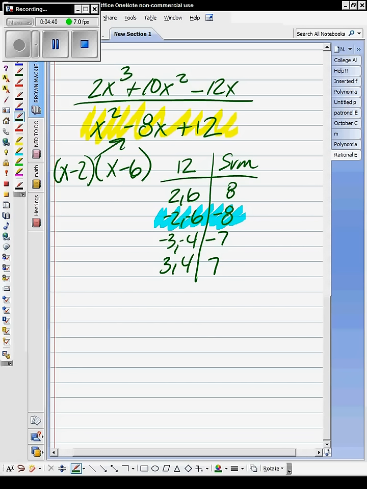Since we're still finding the values which make the expression undefined, I need to set these equal to 0. So x minus 2 equals 0, and x minus 6 equals 0. Well, all I do is add the 2 to both sides, and x would equal 2, and here all I would do is add the 6 to both sides, and x would equal 6. So I actually will plug both of these values back in, and I guarantee that they will make the denominator equal to 0. So that's our first step.